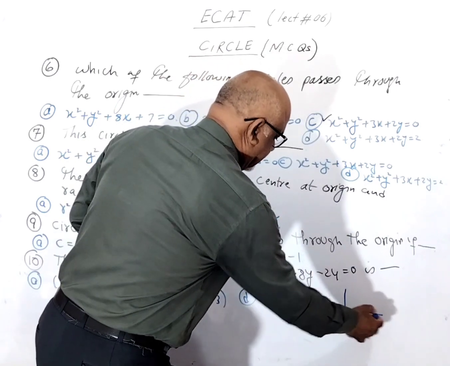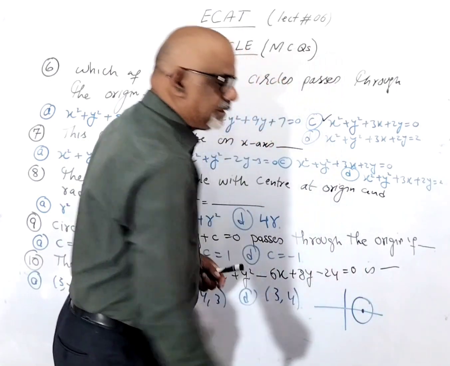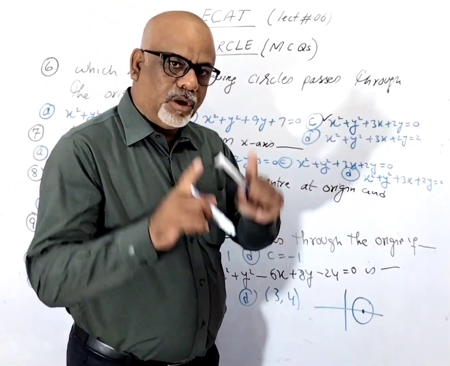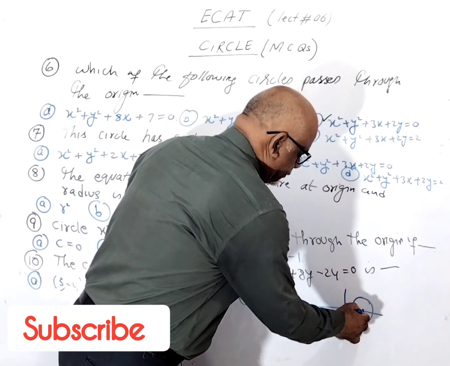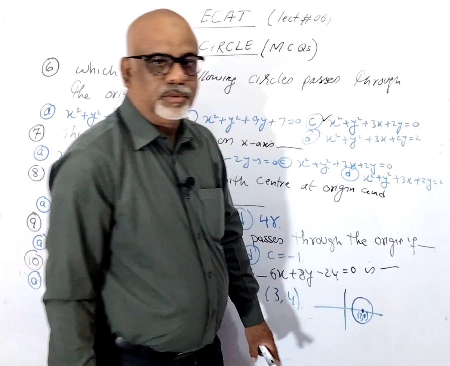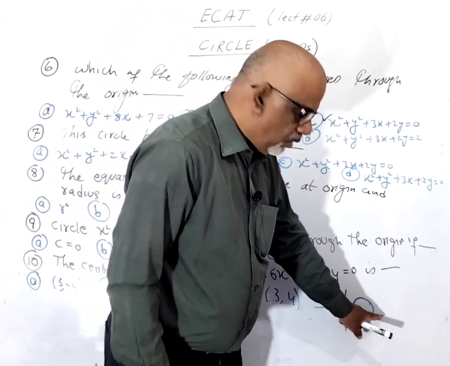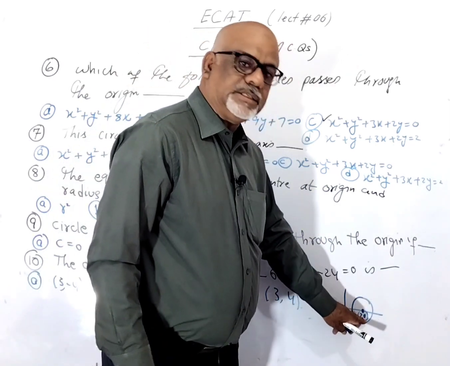Now focus again here. The center of the circle is on the x-axis. That means on the x-axis we have some value, whatever the value is, and the y component will be 0. The y component will be 0 on the x-axis. That means this is h, this is k.